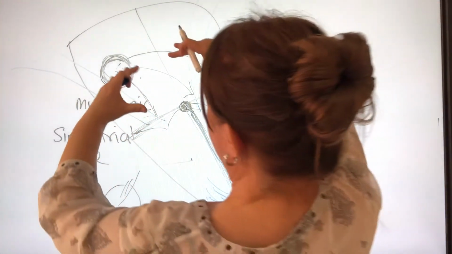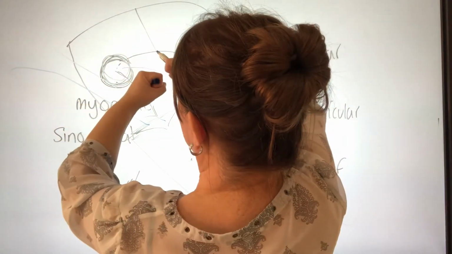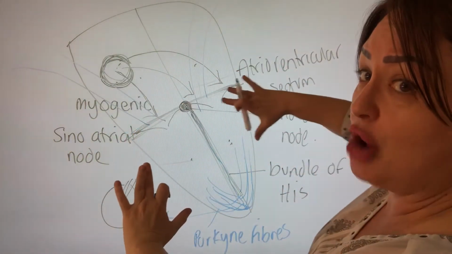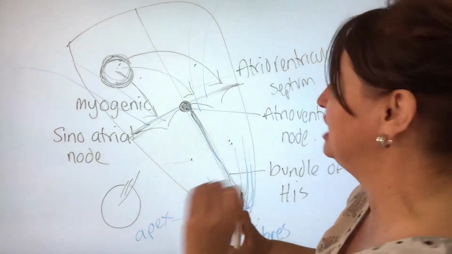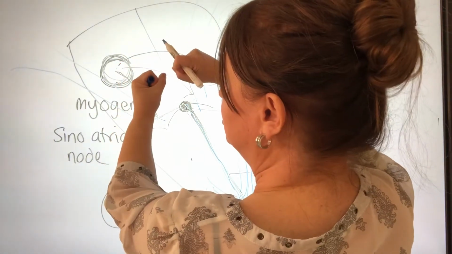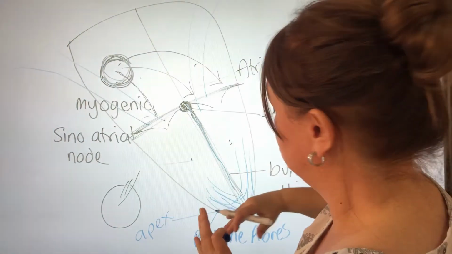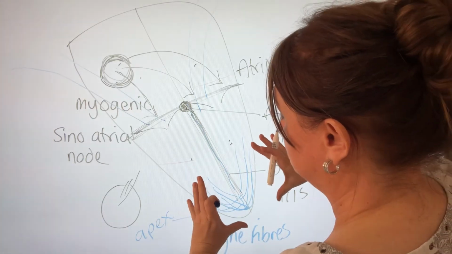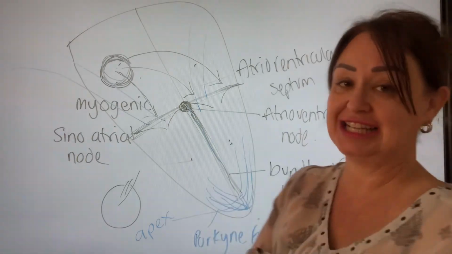So we get an action potential followed by a contraction of the muscle, which squeezes the blood that way. The electrical excitation is stopped here. It carries on down the bundle of His, given a slight time delay, which is great because that enables the atria to completely empty of their blood. And then the wave of electrical excitation starts from the apex upwards, and that's great because that pushes the blood, when it's followed by a wave of muscular contraction, in the correct direction.